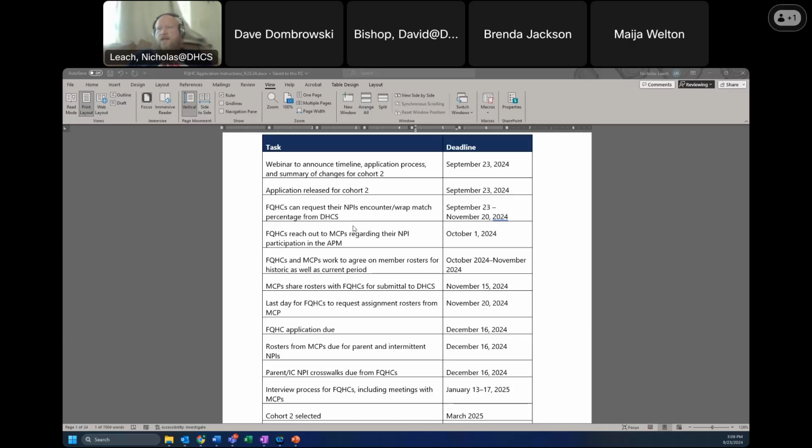This will help us have a more robust screening process and provide eligibility of a site in the program a little bit quicker and, I would say, more thorough than our prior process, which stretched out these 2 steps. So we're recommending that the FQHCs request NPIs and RAP percentages as well from DHCS.